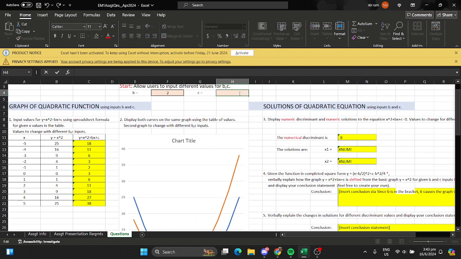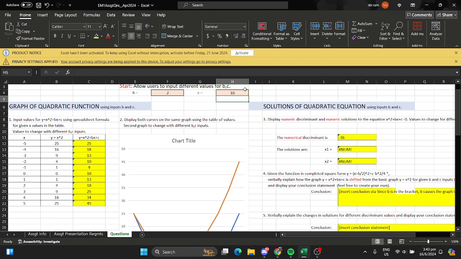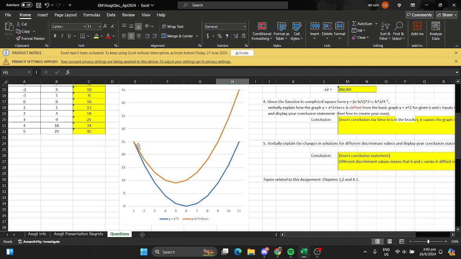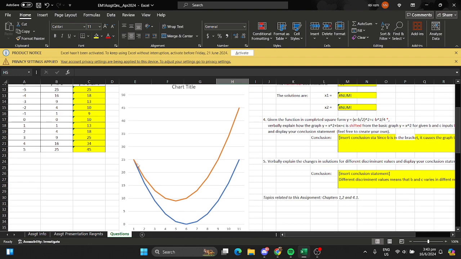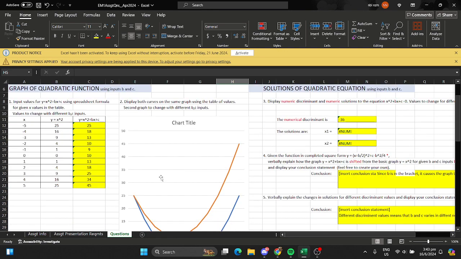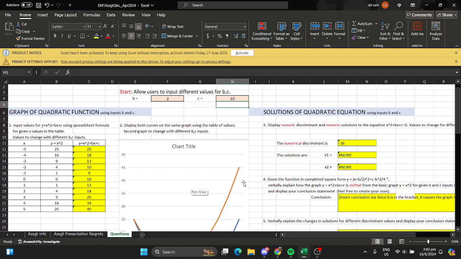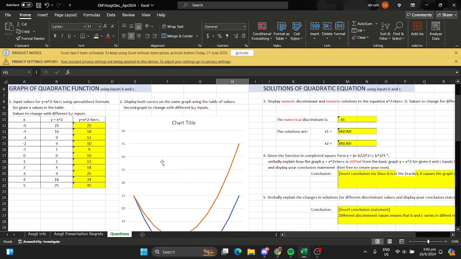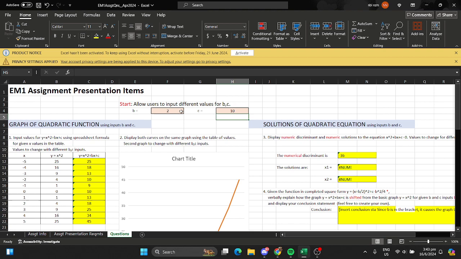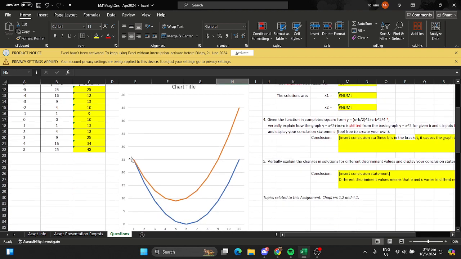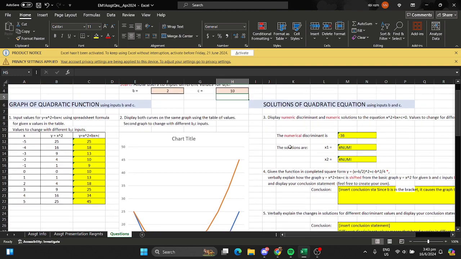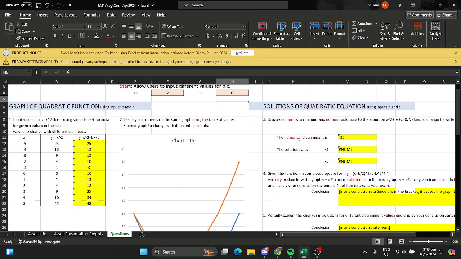Now that looks fairly similar, so I'm going to change to a bigger number to make it obvious. Alright, so it clearly didn't start at the same point previously, but now it did. So that proves the point that different values of B and C will definitely change how the graph looks.